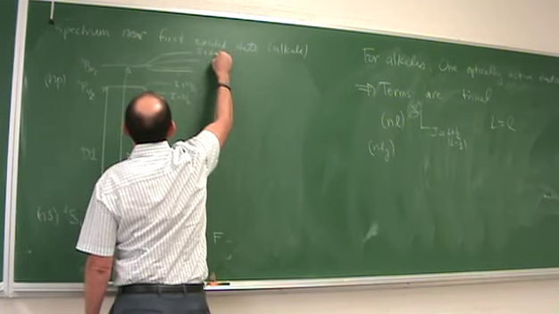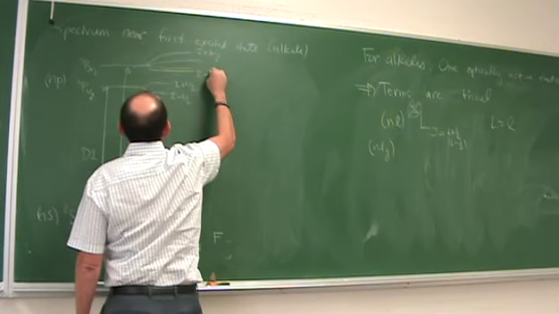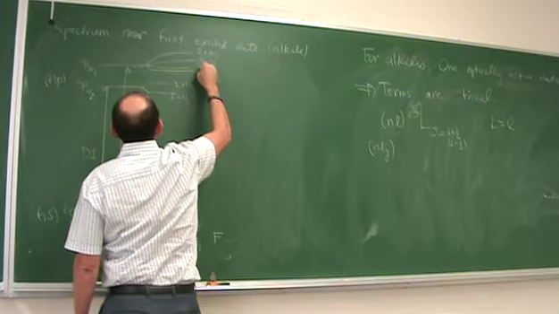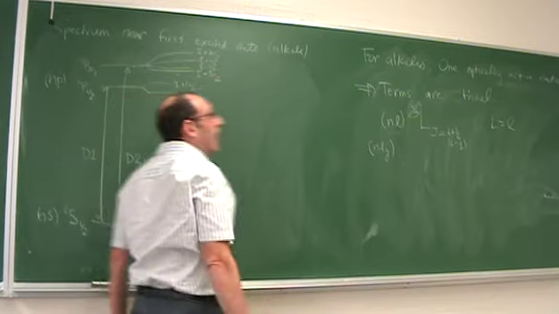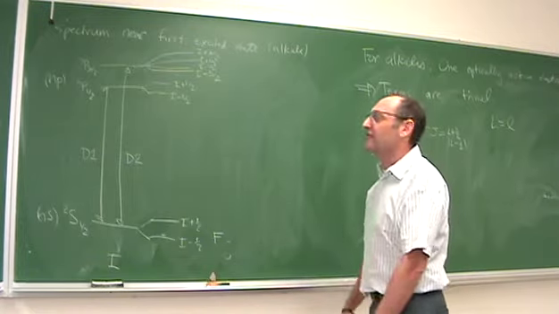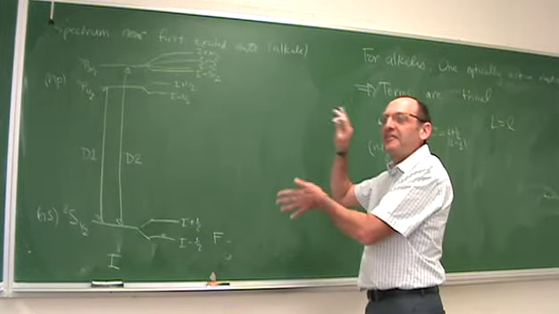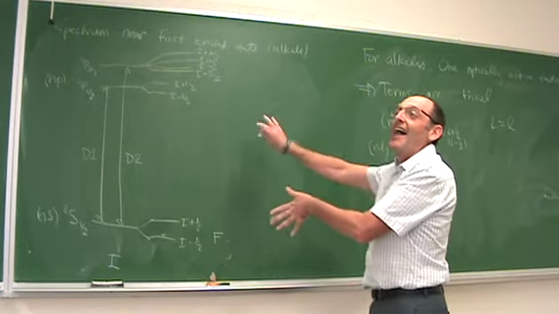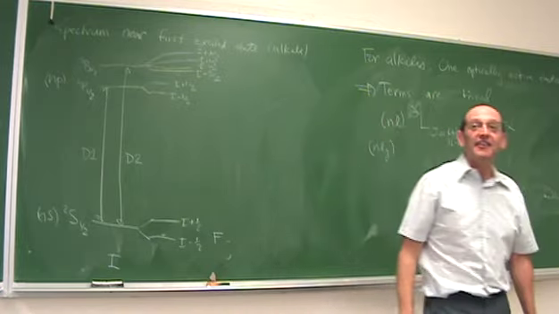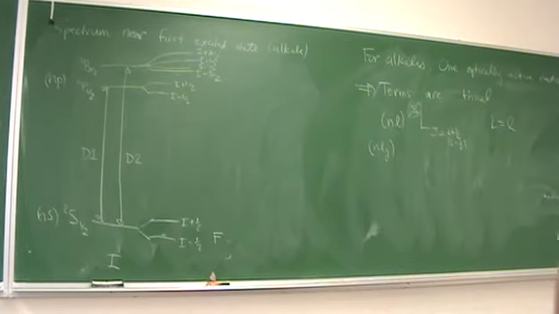I plus 3/2, I plus 1/2, I minus 1/2, I minus 3/2, depending on the value of I. So that's the spectrum we're going to get to know and love and live with. And all of modern quantum optics experiments are done with atoms that have this kind of structure.